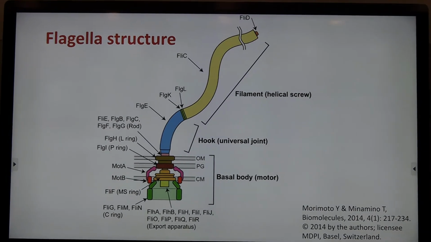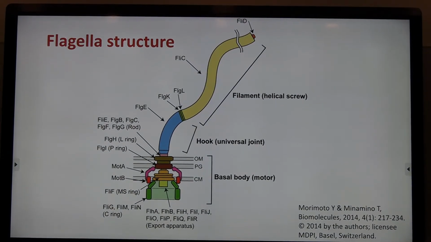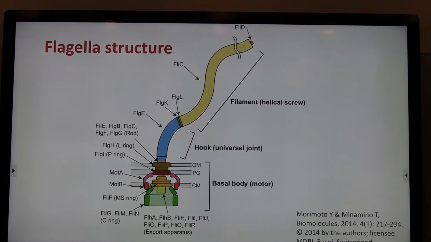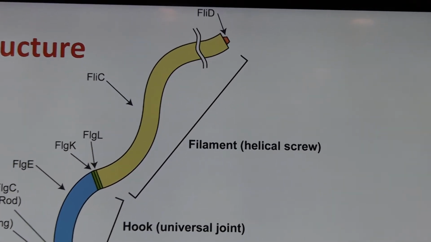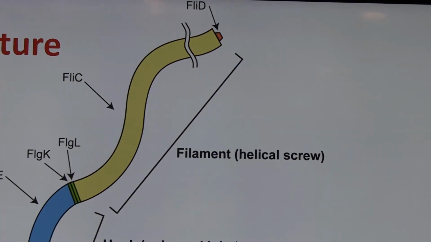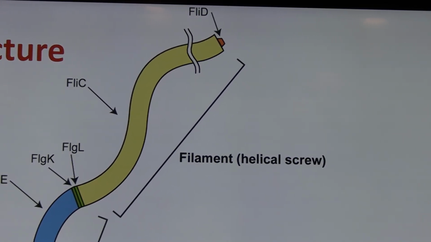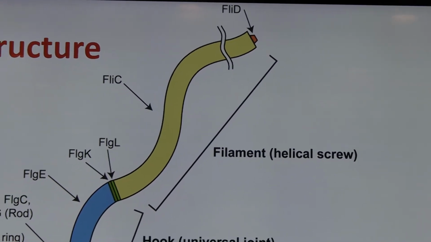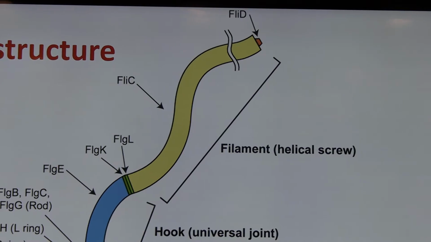The next slide shows the basic structure of a flagellum. It consists of 3 parts, and we will talk from the top to the bottom. On the top, the yellow filament is the real filament displayed in the main flagellum.